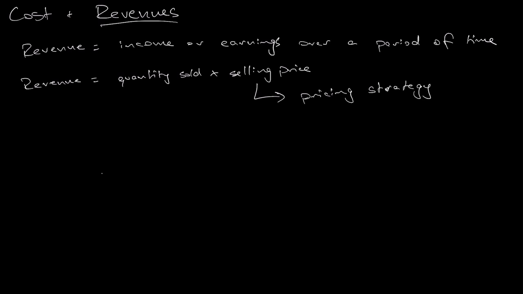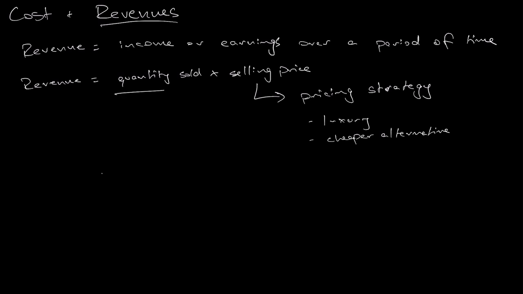In terms of pricing strategy, we might want to position our product as a luxury product. As a result, it might have a really high position, really high price. We might want to position our product as maybe a bit of a cheaper alternative. As a result, we'll probably see different prices for different businesses, and that's going to have an impact on the amount of quantity that's sold.